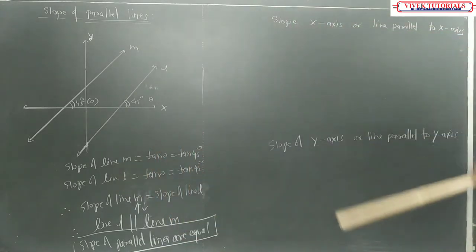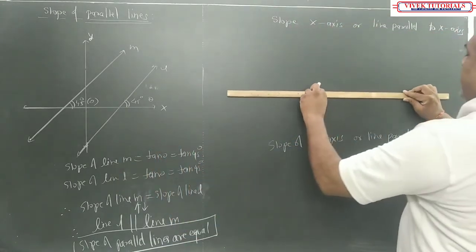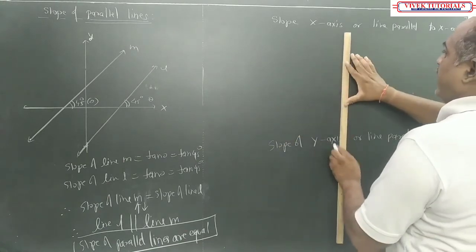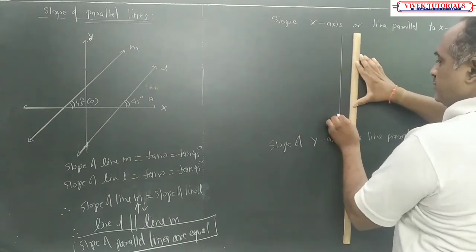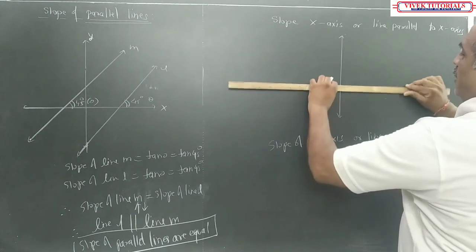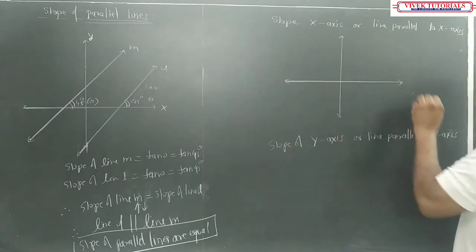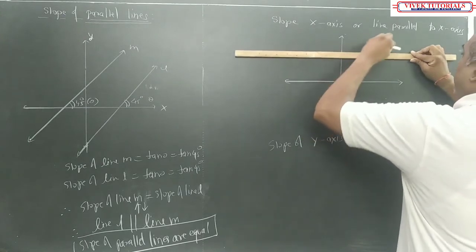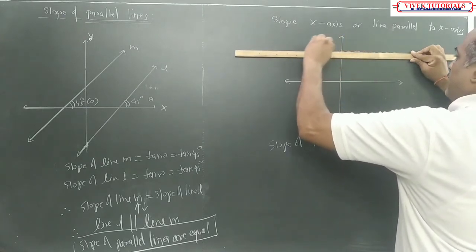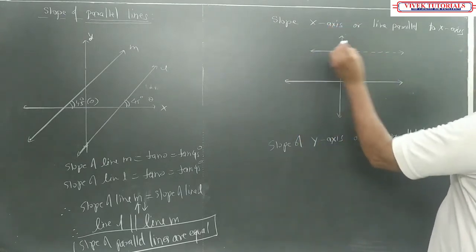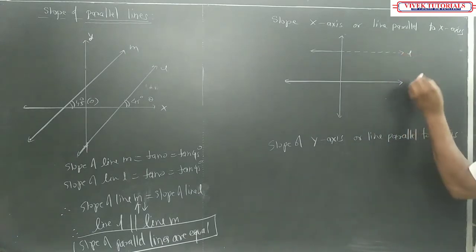Okay. Next one is x-axis. This is your y-axis and this is the x-axis. Here is a line, line L, and this is the x-axis.